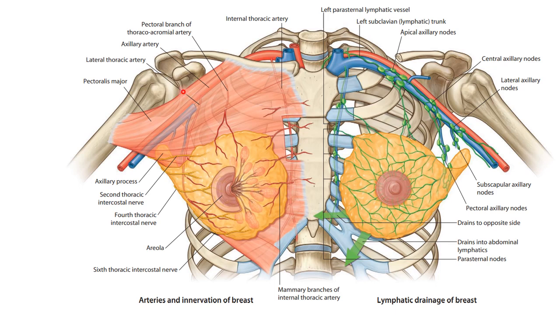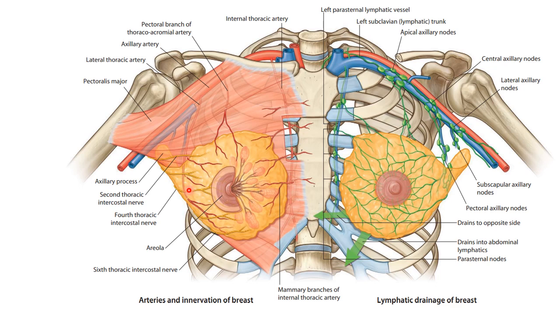Laterally, it is supplied by branches from the axillary artery, which, as you may remember, has many branches. Four of them: the thoracoacromial artery gives pectoral branches to the lateral side of the breast. Also the lateral thoracic artery, the superior thoracic artery, and the pectoral branches from the suprascapular arteries.